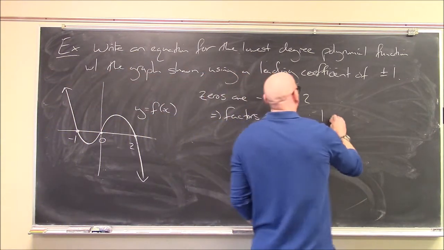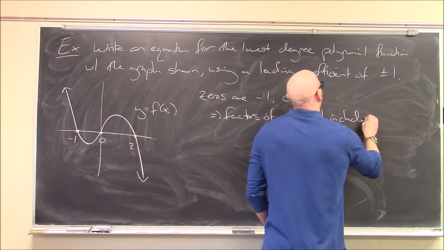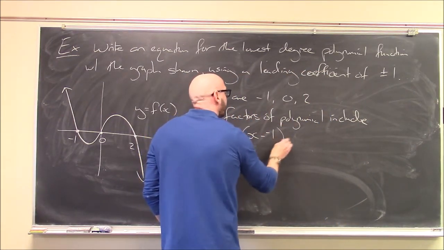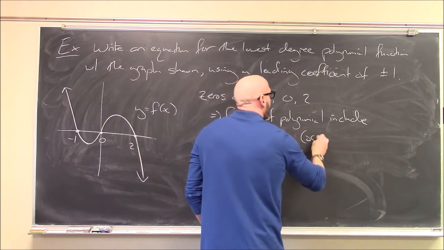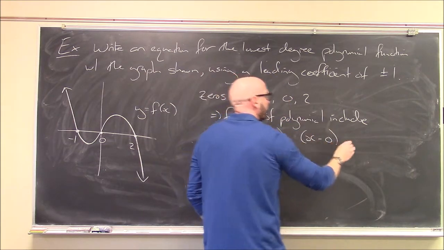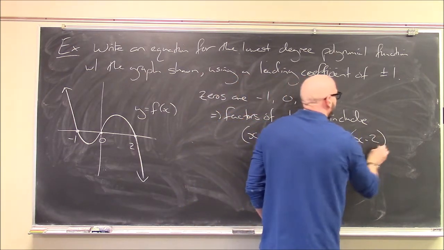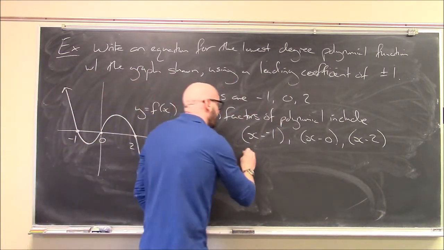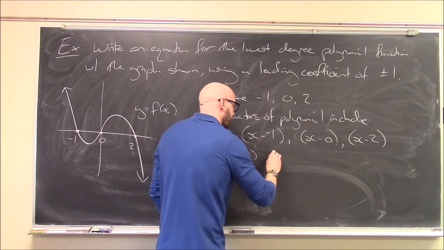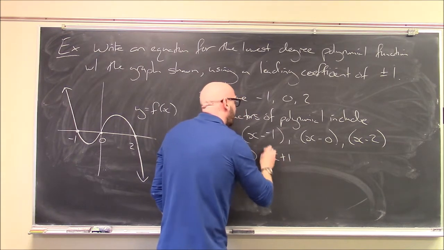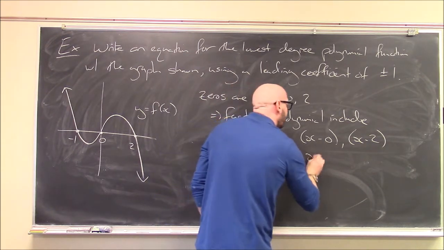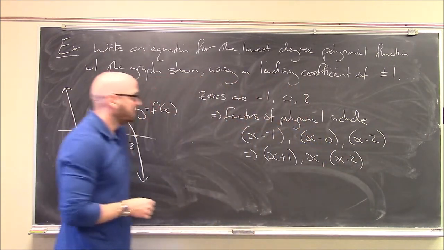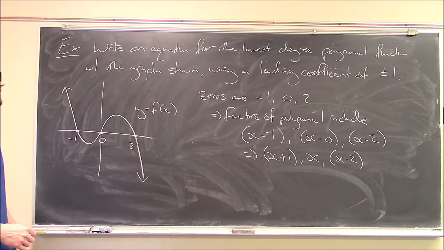Factors of the polynomial include x minus -1, x minus 0, and x minus 2. So we'll write this in a slightly nicer order. This would be x plus 1, x, and x minus 2. Just formatting them a little bit more nicely.